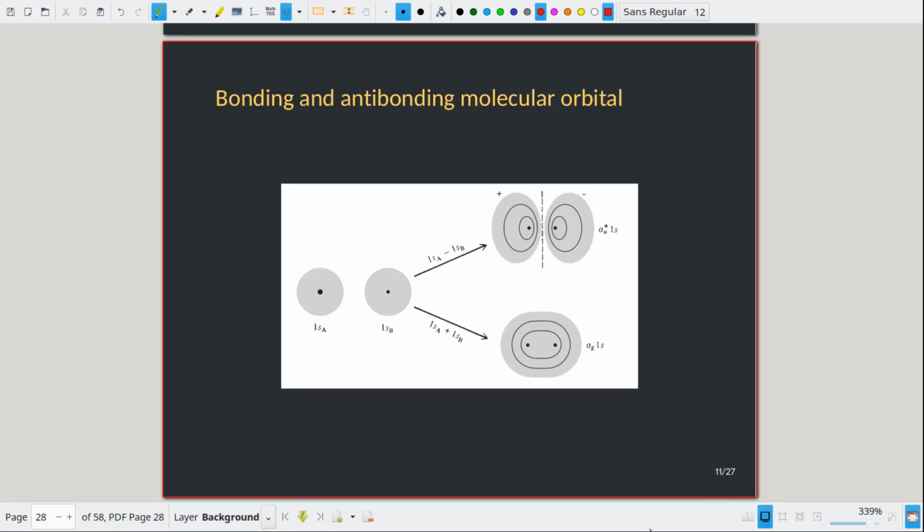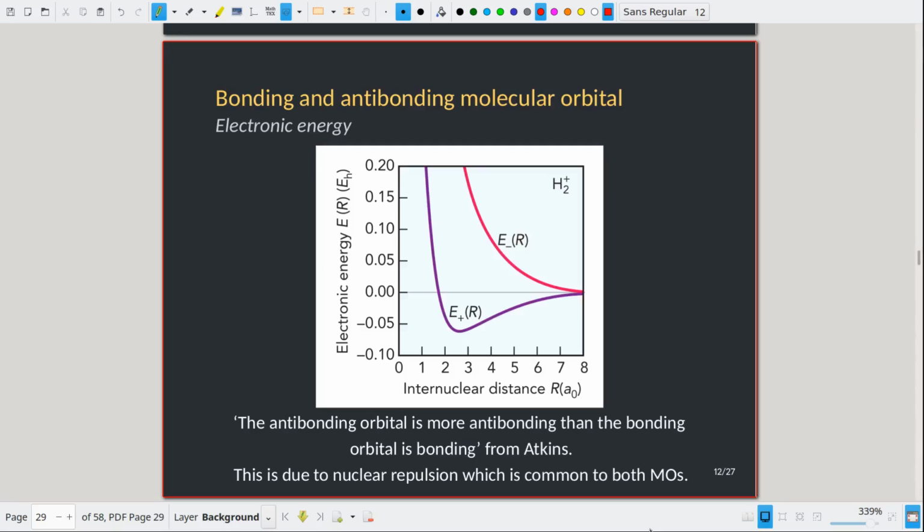So what does the electronic energy look like in the case of the two orbitals? Let's start with the bonding molecular orbital, the one that we obtain with a positive sign in the linear combination, and you can see here that we've got a bound state. So we've got a state that has a minimum of potential energy for the bonding orbital, and this is the one that will stabilize the molecule, and that is the sort of distance where you will find the two atoms.